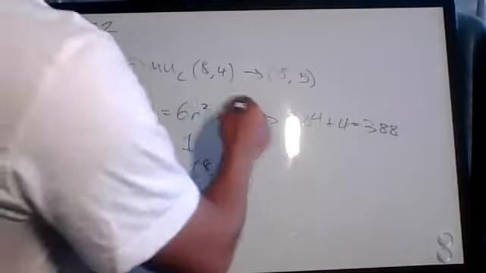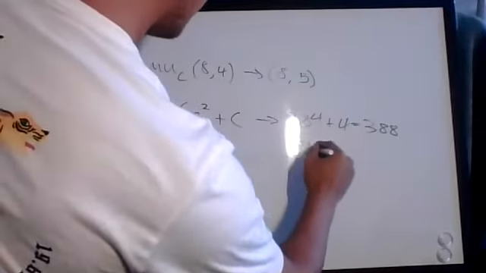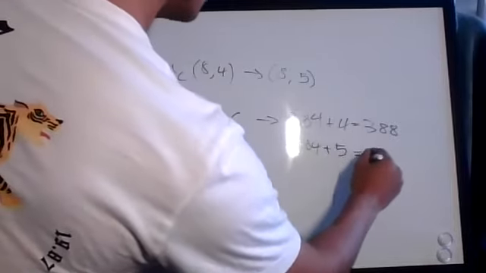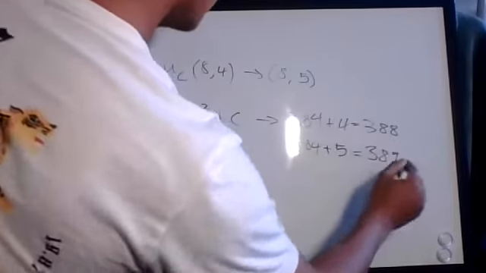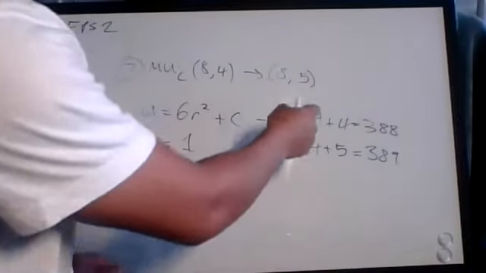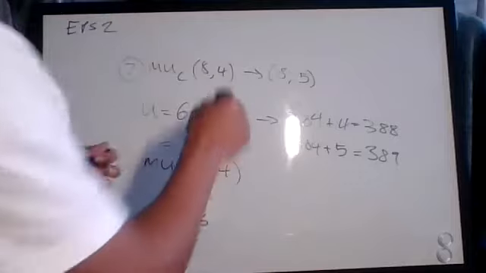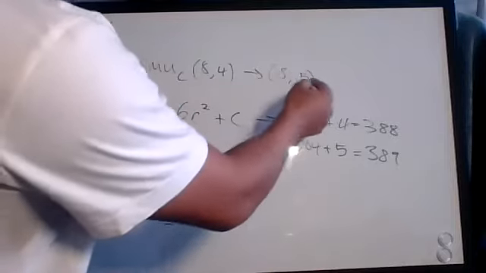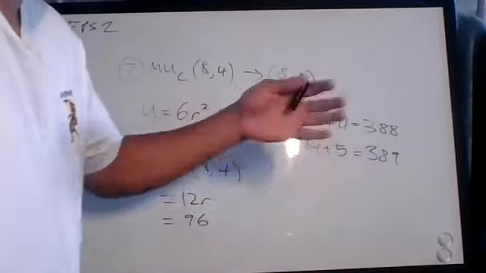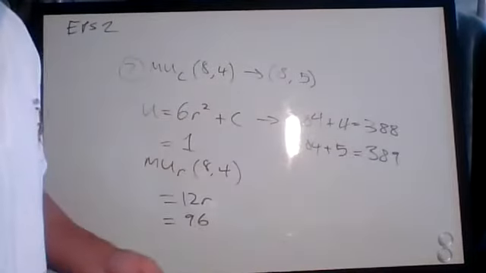I go from 384 plus 4 to 384 plus 5, which is equal to 389. My utility only went up by 1 as I increased my consumption of chicken by 1. It doesn't matter what you have. If I went from 8.5 to 8.6, then I would get 390. Do you see the pattern that's going on there?